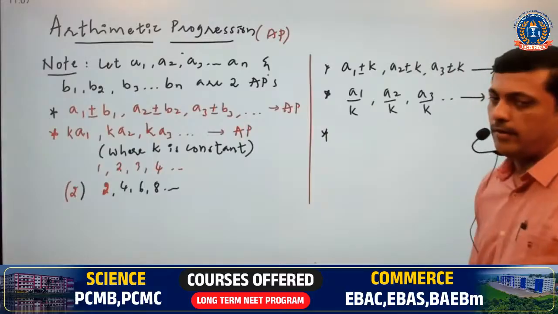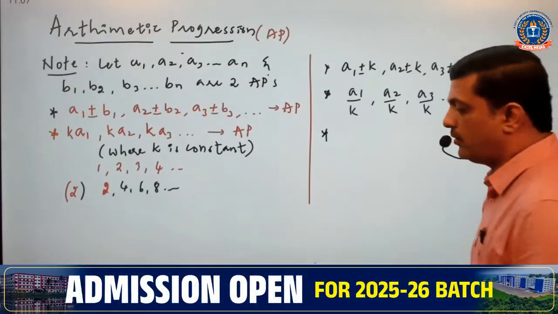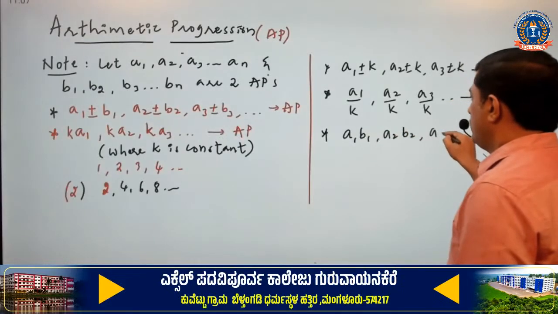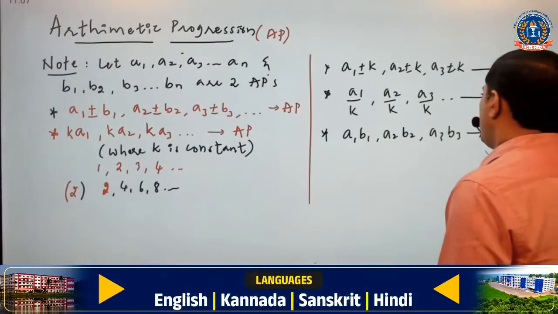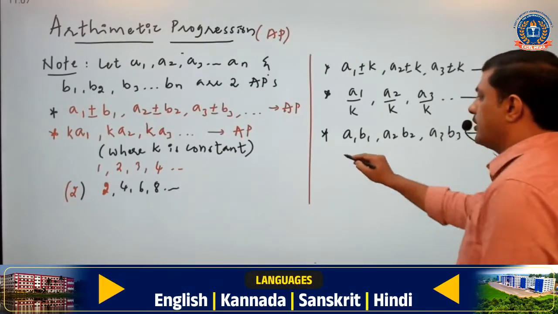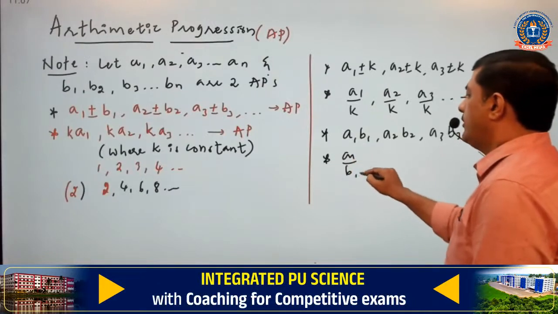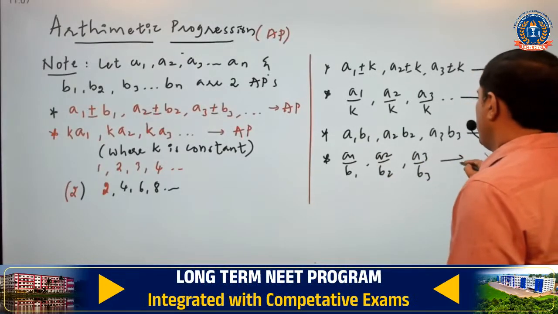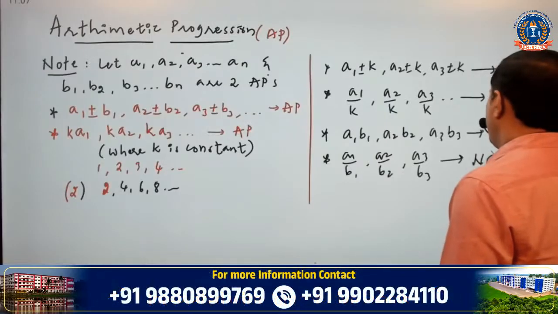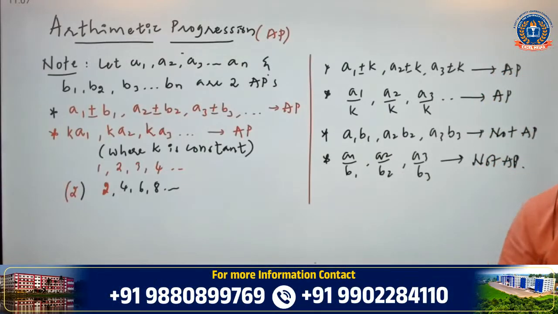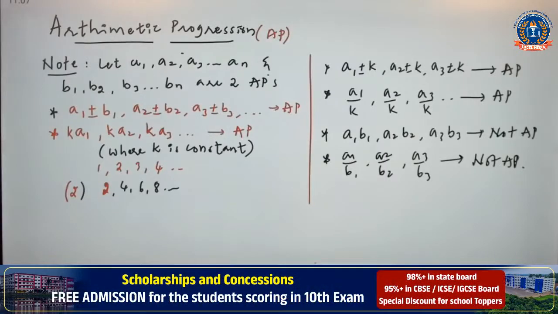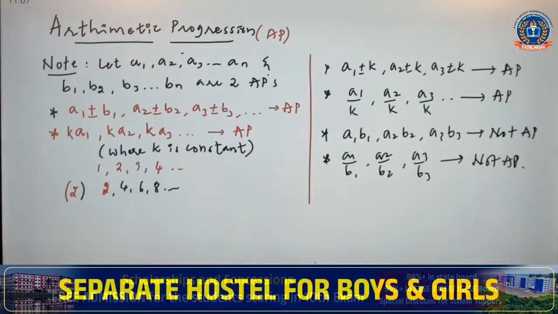But there are some points which are not going to work out, that is A1 B1, A2 B2, A3 B3 are not an AP. Similarly, A1 by B1, A2 by B2, A3 by B3, this is also not an AP. So these are some important points which you need to have knowledge of. I think you might have done it in your 10th, but not these points. Just copy down, then we'll take the next.